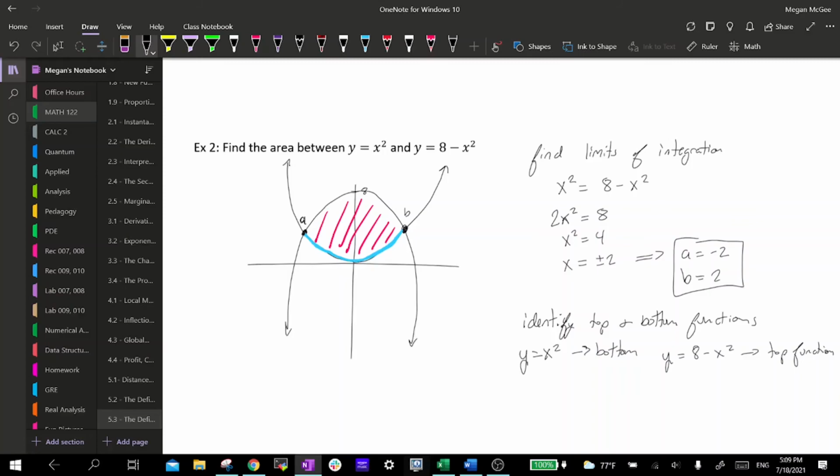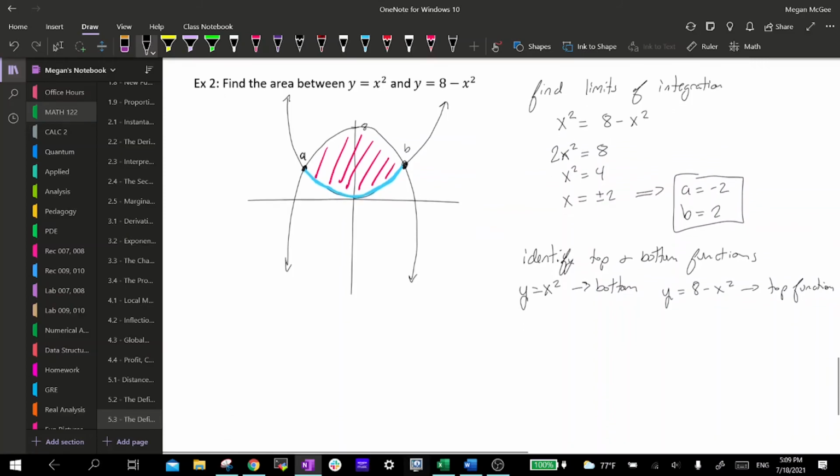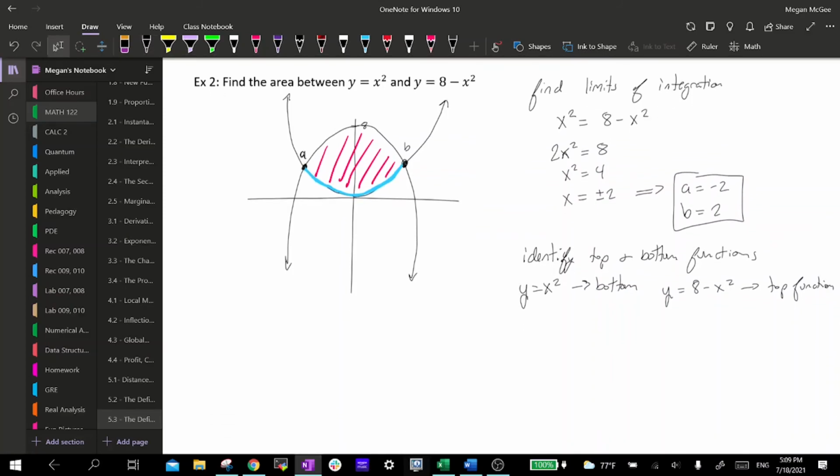So now we have all of the pieces, so we need to go ahead and calculate this. So we get the area, so we need the integral, we need our a and b, which is negative 2 up to positive 2, and we need our top function minus our bottom function.